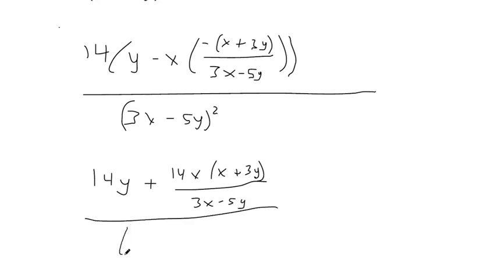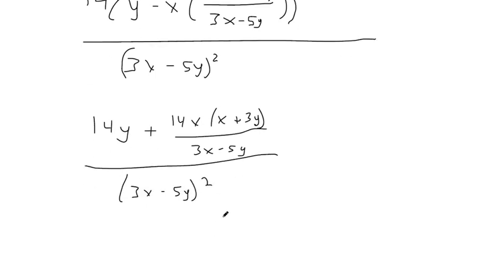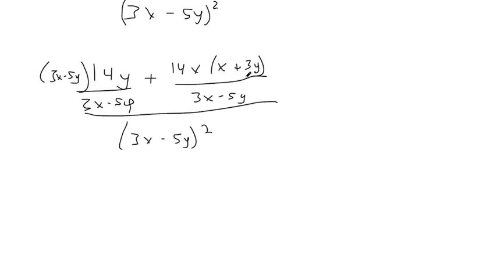I'll divide by 3x minus 5y squared. I think the only thing to do is to get common denominators. So we can get common denominators here if we multiply the top and the bottom by 3x minus 5y. So now we got common denominators, so now we can add the numerators.